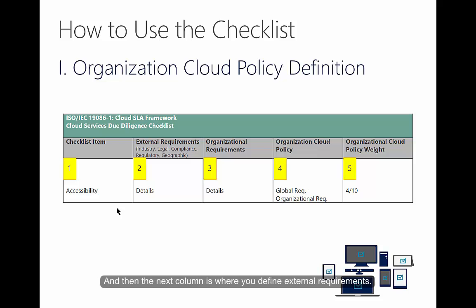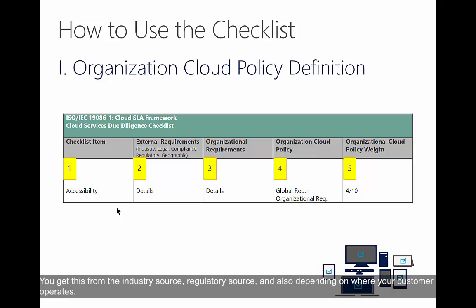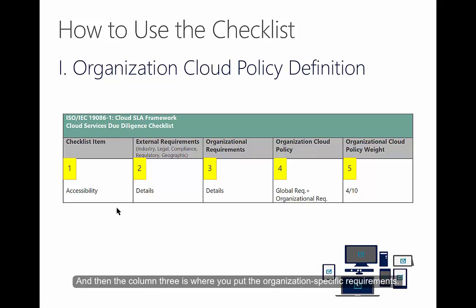And then on the next column is where you define the external requirement. You get this from the industry source, regulatory source, and also depending on where your customer operates. And then column 3 is where you put the organization's specific requirements.